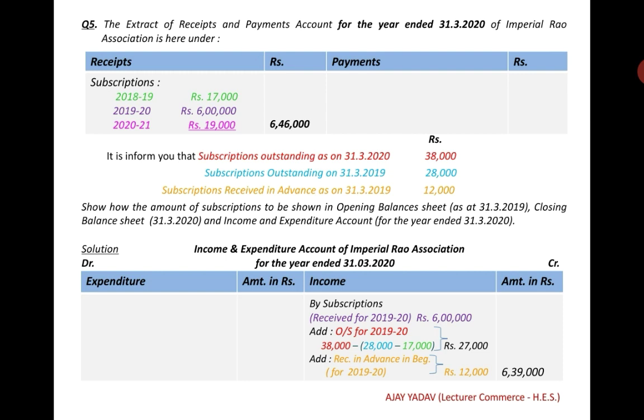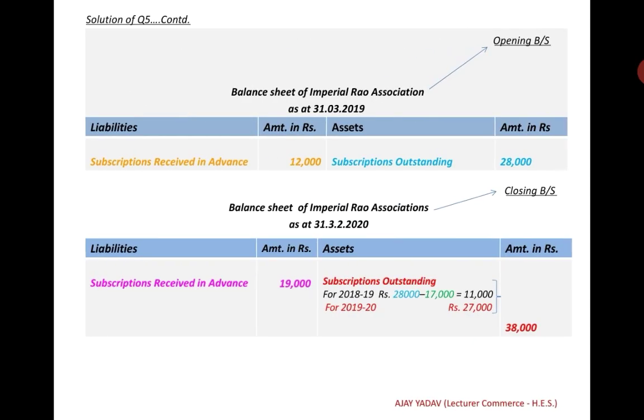On the income side, these are the balance sheets as we discussed earlier. When we come to the closing balance sheet, the subscription amount outstanding as at 31st March 2020 will be calculated as follows.